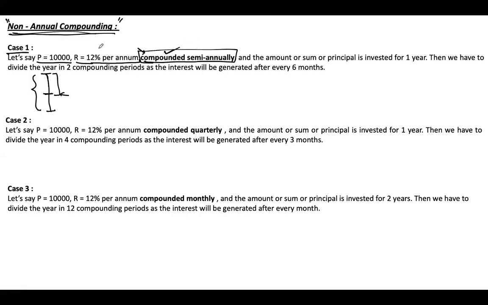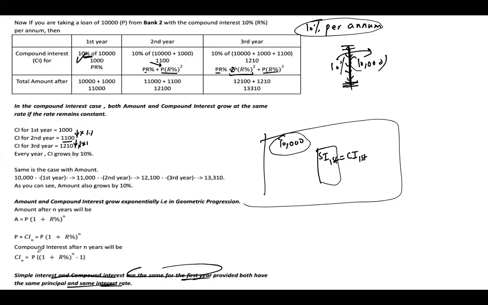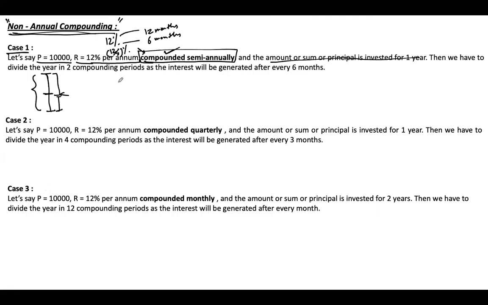Correct. So 12% was per annum for 12 months. So for 6 months, 6% for the half period, 12 by 2%. And if the amount is also invested for 1 year, we have written this formula earlier. We'll be writing the same formula here.